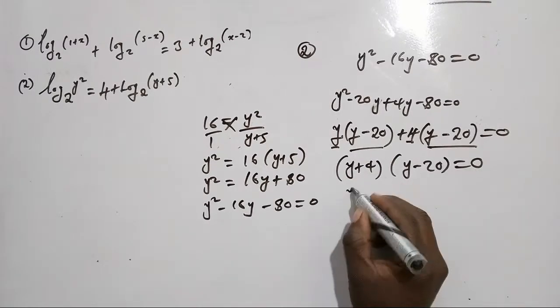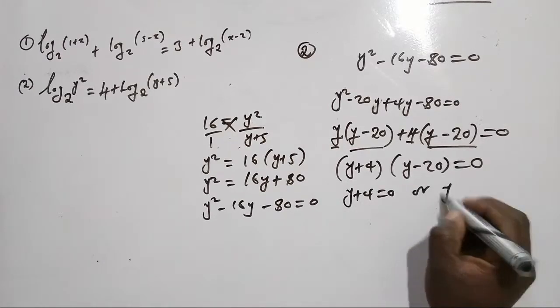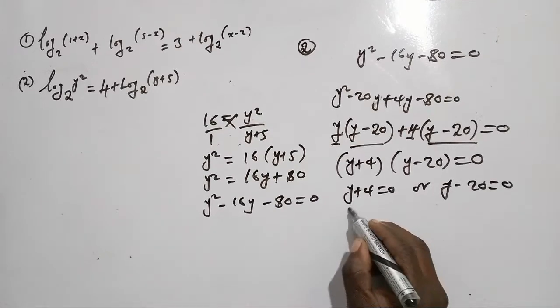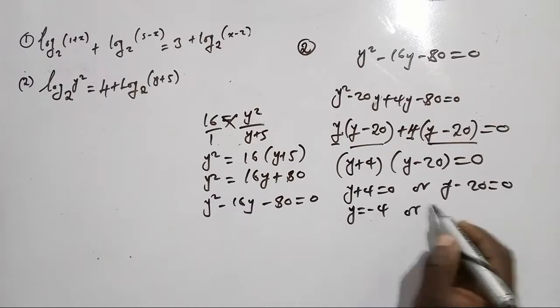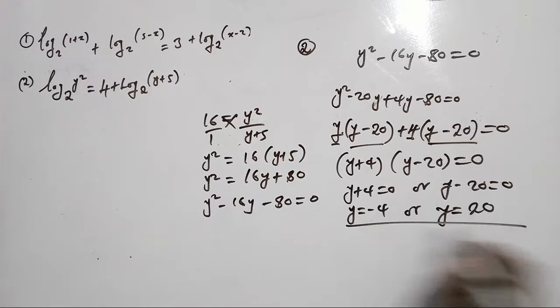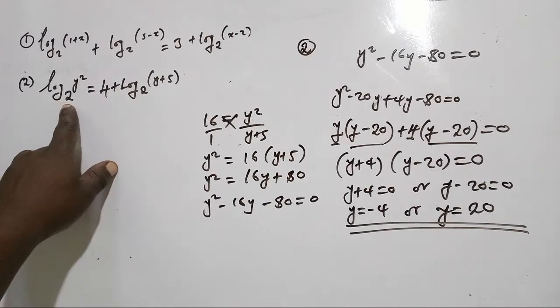So we're going to say y plus 4 equals 0, or y minus 20 equals 0, right? Then y will be equal to minus 4, or y will be equal to 20. So these are the values of this second question here.